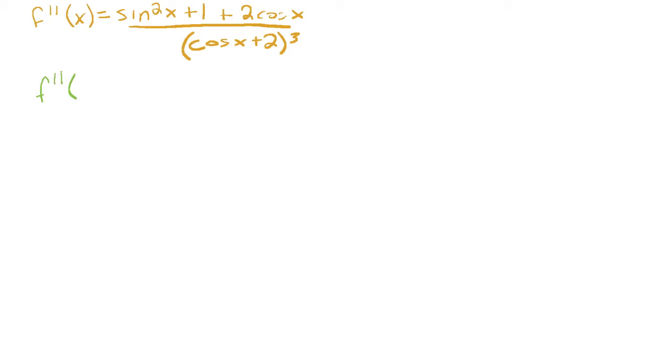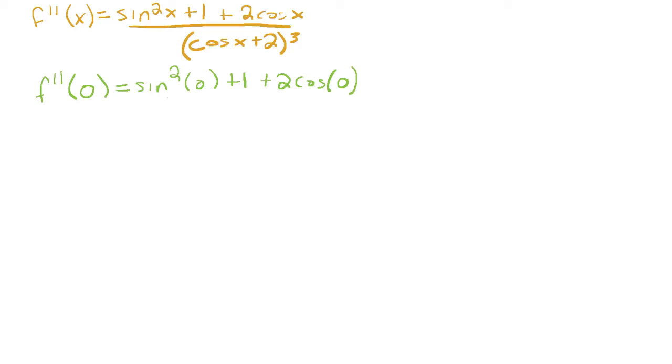And remember, what I care about is what the sign is. So here I'm going to have sine squared of 0 plus 1 plus 2 cosine of 0.